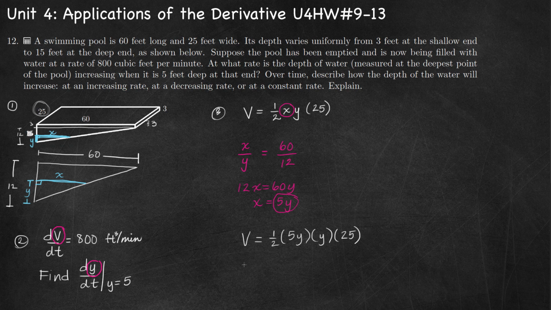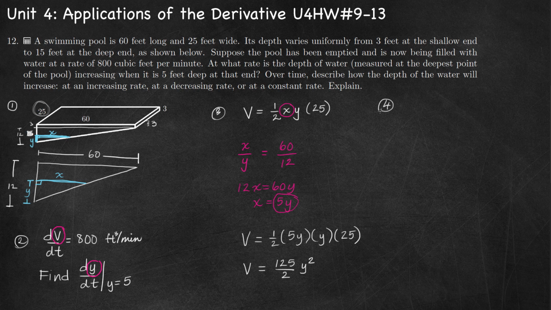I want to simplify this as much as possible first. So let's multiply our two y's together, and then let's multiply our constant values together. Well, 5 times 25 is 125, and that's not evenly divisible by 2. So I think I'm going to just write it as 125 over 2, and then the y times y is y squared. And you'll see why I did that in a moment, because when we take the derivative, we're going to end up multiplying that coefficient by 2.